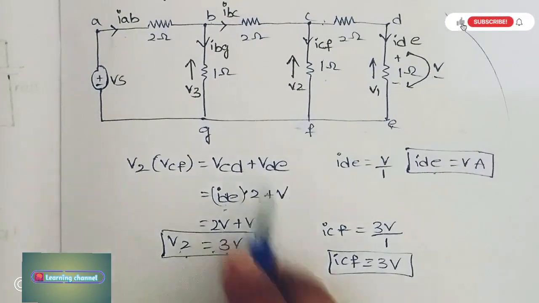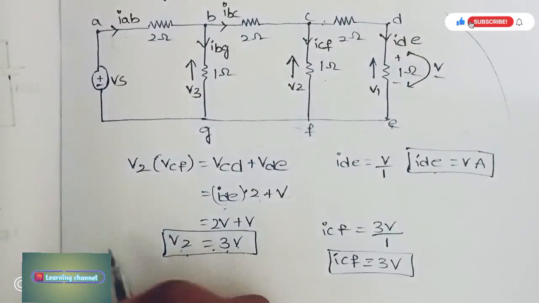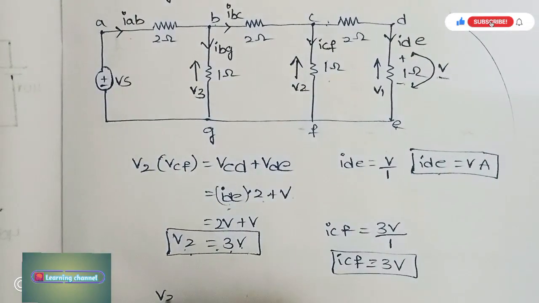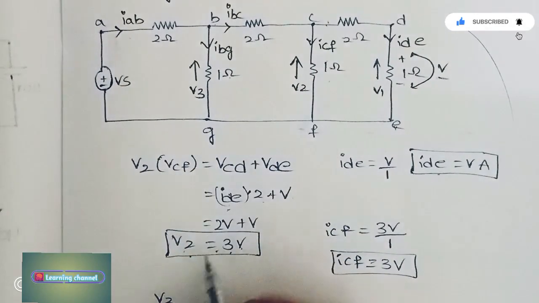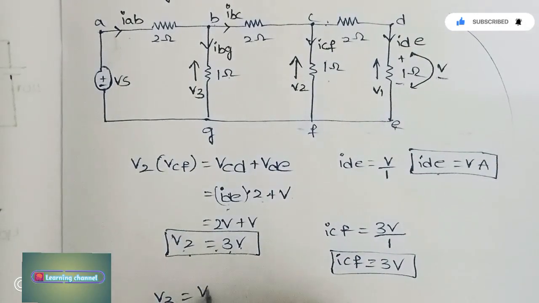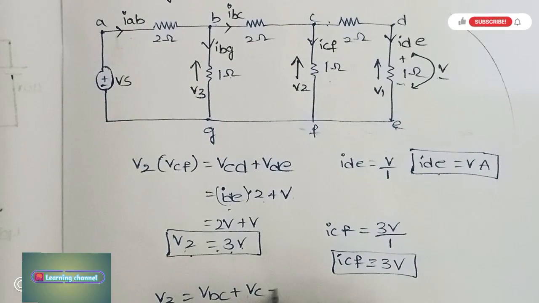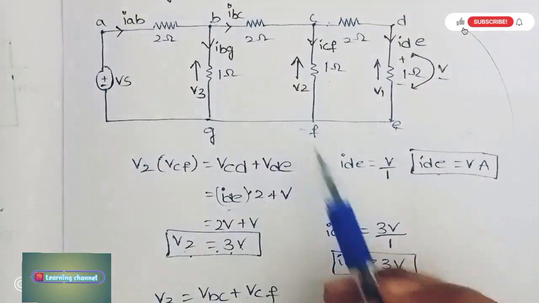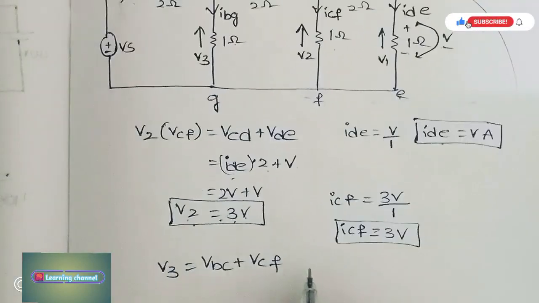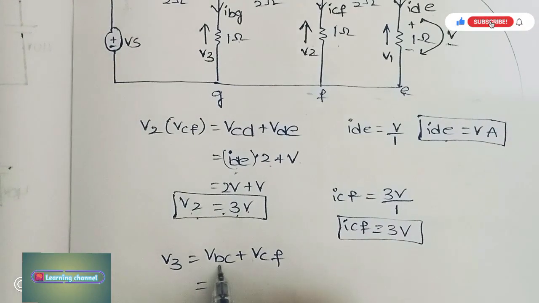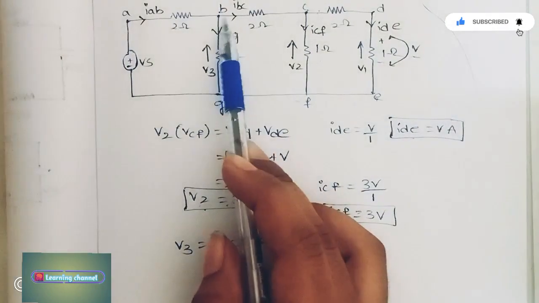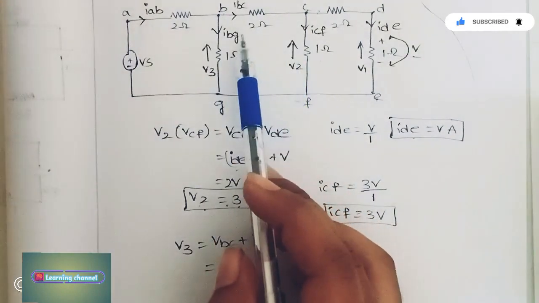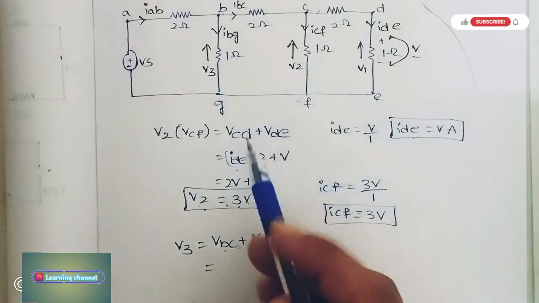Next, let us see this circuit. From this, we consider V3 as the battery and these two as the voltages. So V3 is equal to VBC plus VCF. We don't know the value of the voltage across B and C, but we can find it using Ohm's law, V is equal to IR.